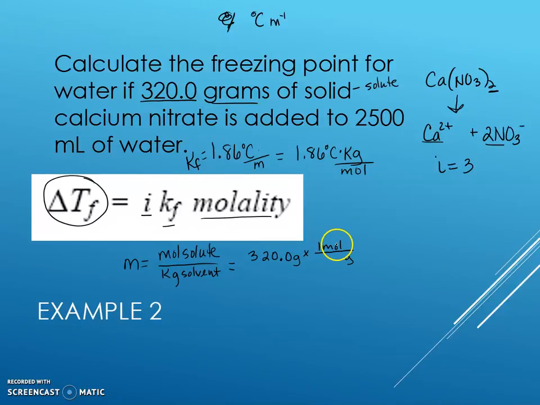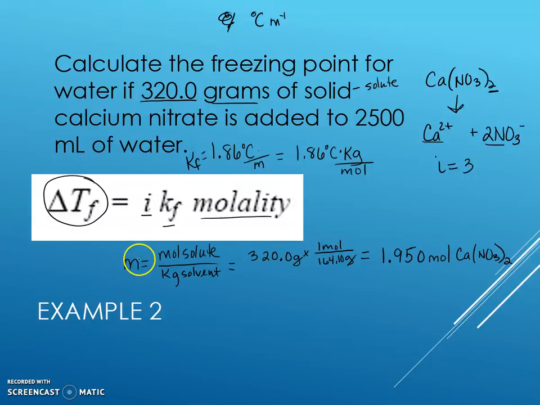And the molar mass of all that, I'm going to save it for you and give it to you, is 164.10. Yes, you would have to do that on your own in another problem, but I'm just going to give it to you because, well, I can. All right, so 320 divided by 164, and when we do that, it ends up giving us 1.950, and there might be more numbers, moles.